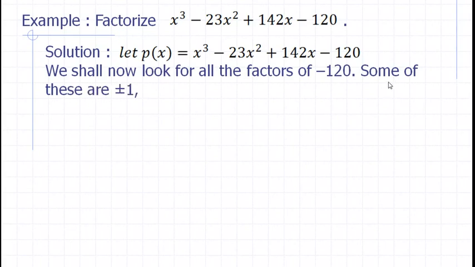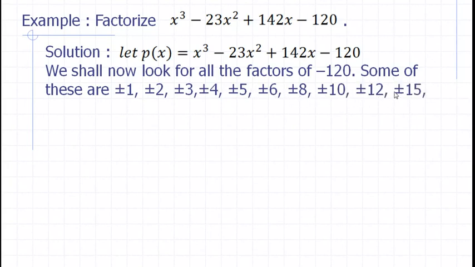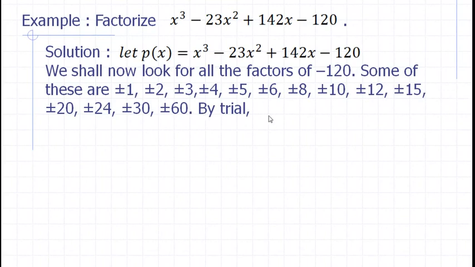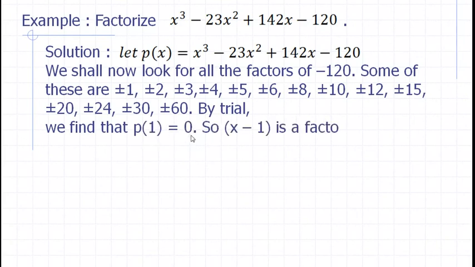Some of these are given here, like plus minus 1, plus minus 2, plus minus 3, etc. These are the factors of minus 120, plus minus 20, plus minus 30, plus minus 60. Now by trial and error method, when we substitute x is equals to 1 in this, you will get 0 as a remainder.